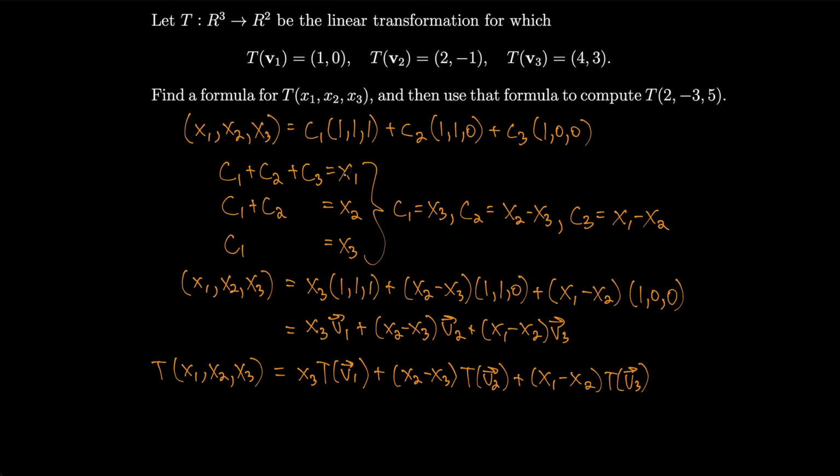So I expressed this v as a linear combination with these coefficients, and now I'm using the exact same coefficients, and I'm just transforming the vectors on both sides.